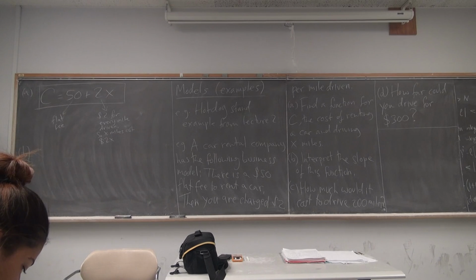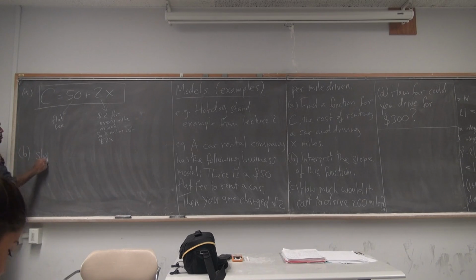So part B, what is the slope here? Slope equals 2. What is the interpretation of the slope?